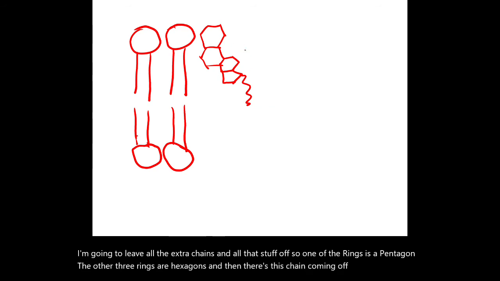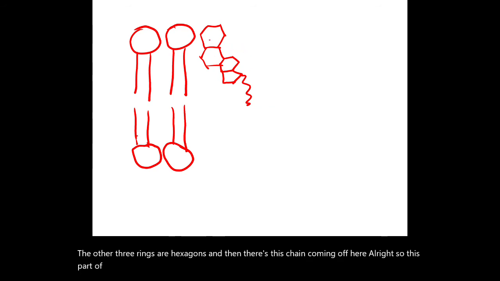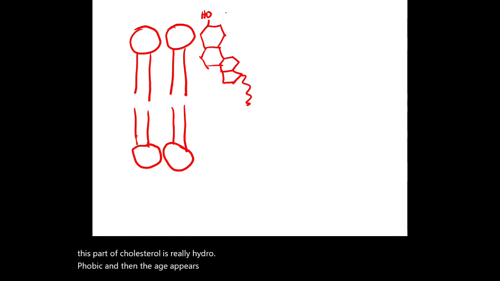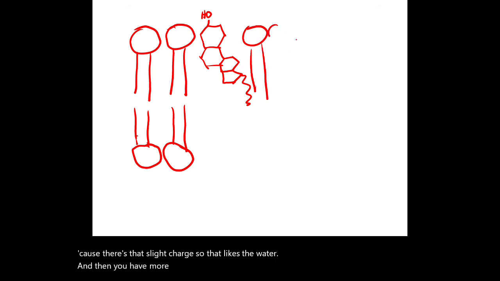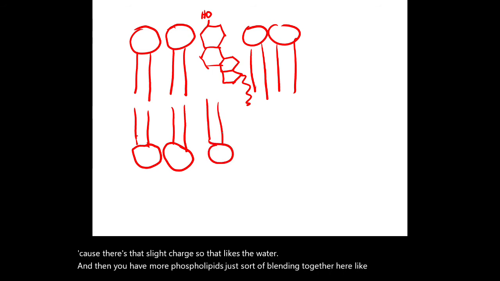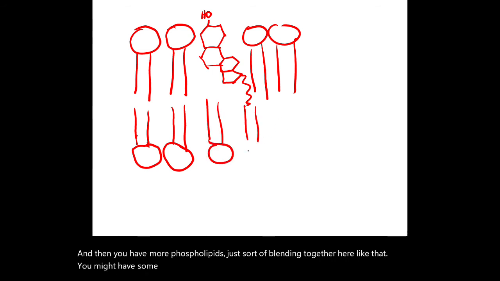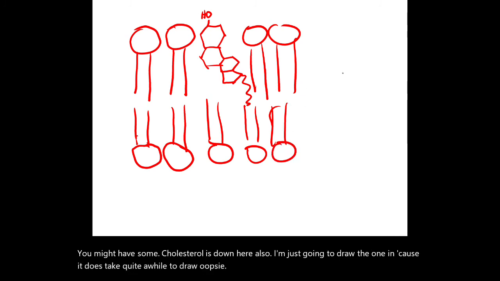All right, so this part of cholesterol is really hydrophobic, and then the OH up here is hydrophilic because it has that slight charge, so that likes the water. And then you have more phospholipids just sort of blending together here like that. You might have some cholesterols down here also. I'm just going to draw the one in because it does take quite a while to draw. Oopsie.